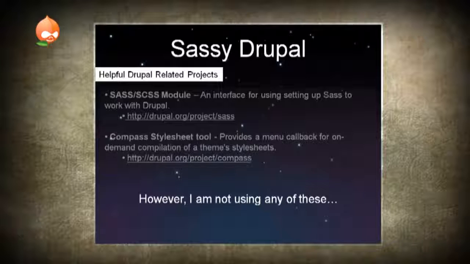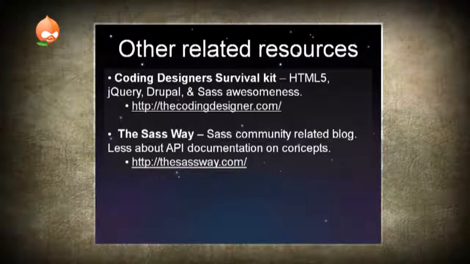The nice thing about the Sass/SCSS module is it actually uses a PHP port of Sass to process it all, but then I'm having to process it dynamically if a change is made. I'm sure it caches it after that, but I don't want any of that actually running on production. I'm just editing files locally, making the changes, outputting the CSS, and then pushing those changes of the CSS file out to staging or testing or whatever.